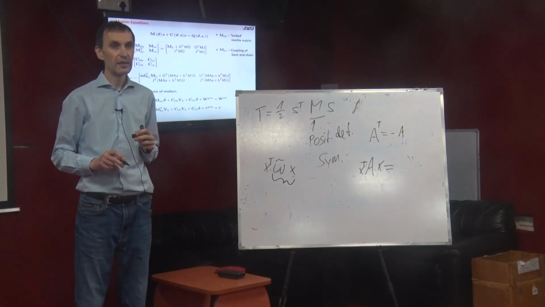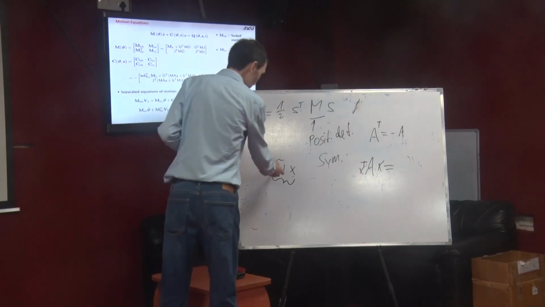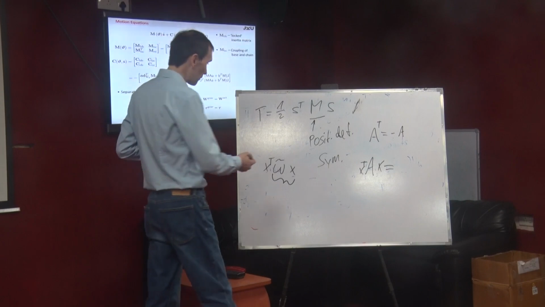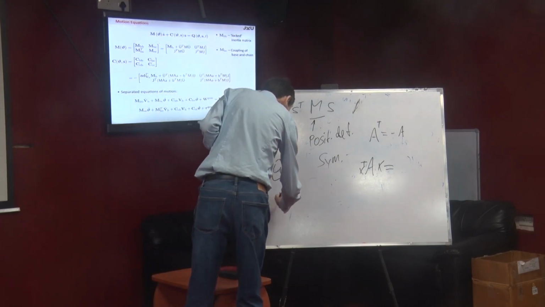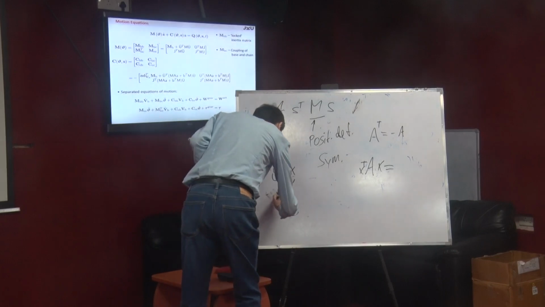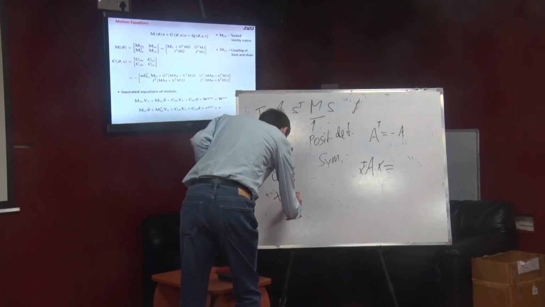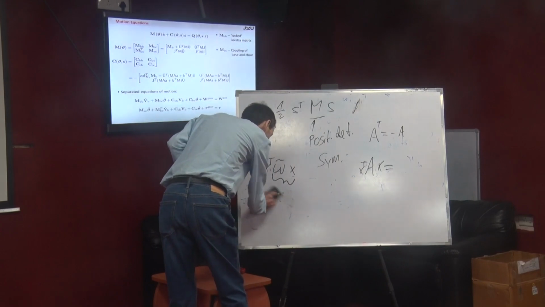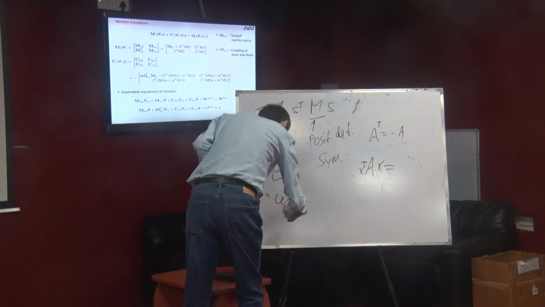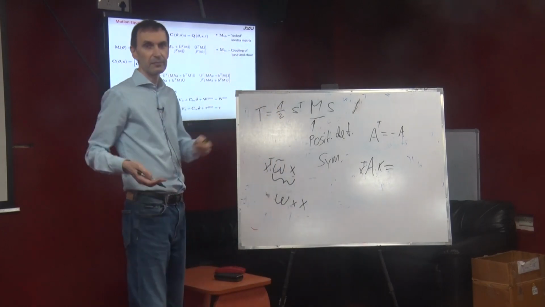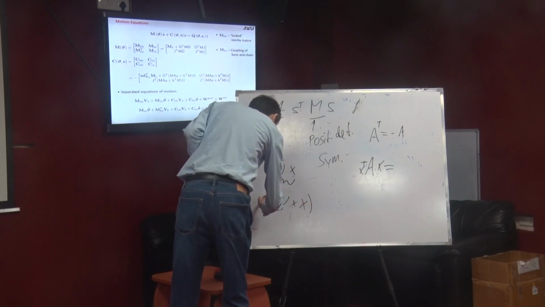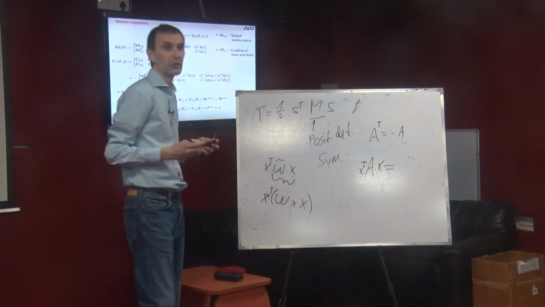One vector. Yes, and what is it? It's the cross product of omega and X. This is how you did it before, right? And now you take the scalar product of this with X. What do you get?